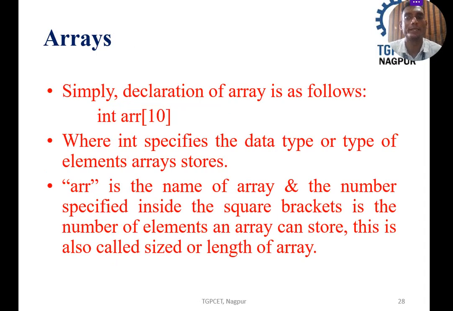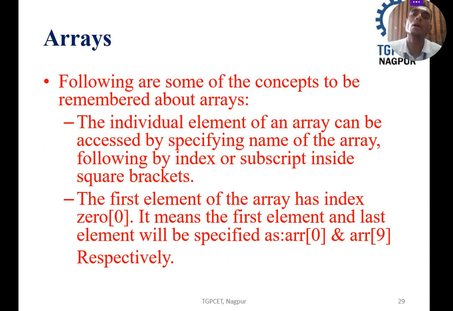First you mention a data type, then a variable name, and inside the square brackets you specify the size of the array. Like here, integer ARR of 10. What does that 10 mean? ARR is a variable, an array which consists of 10 elements. So this is how one can initialize an array in C or C++.